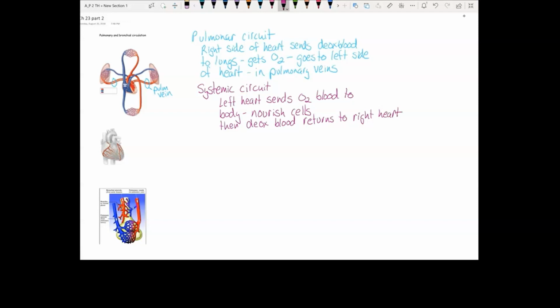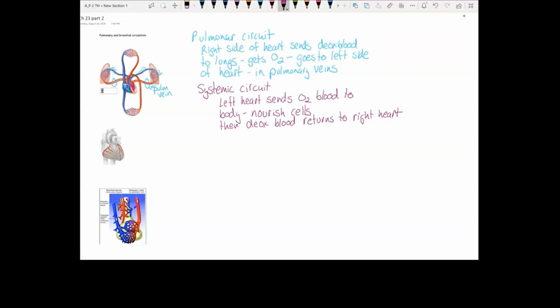So remember that whole figure 8 thing. So you have, here's the right side of your heart, right here, and it sends the blood up through the pulmonary trunk to the pulmonary arteries, through your lungs where it picks up oxygen, then through the pulmonary veins to the left side of the heart. Then the left side of the heart receives that oxygenated blood.